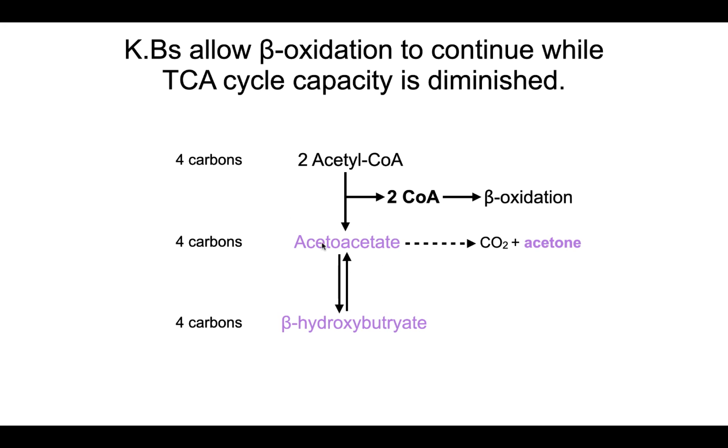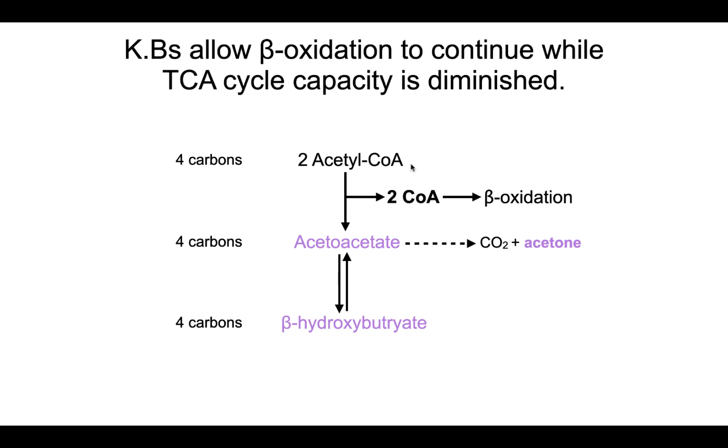Now, acetoacetate is in equilibrium with another molecule called beta-hydroxybutyrate, and both of them are considered to be ketone bodies. One byproduct is that sometimes acetoacetate spontaneously breaks down into carbon dioxide and acetone. This is an unintended reaction, but we will get to the significance of that in a second.